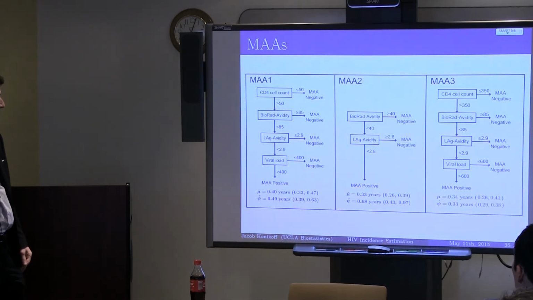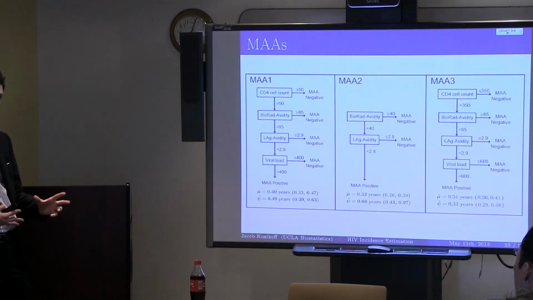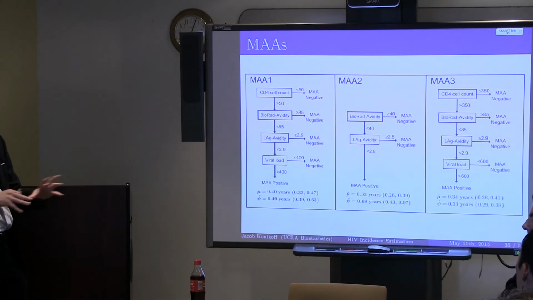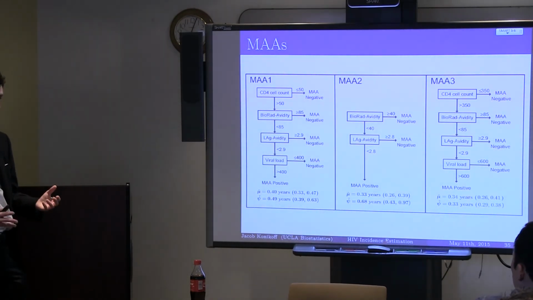There's a lot of money being poured into trying to develop new, better assays. I've worked with some assays that try to quantify how diverse the virus is in the body, with the assumption being that when HIV infects a person, it tends to be only a few different strains, and then as the immune system attacks it, it diversifies. If you can quantify that diversity, that might tell you something about recent infection.